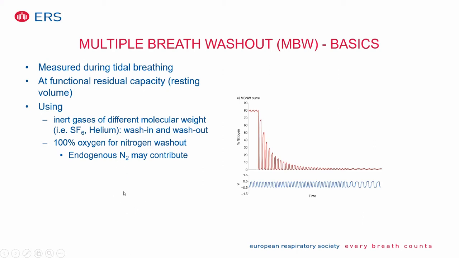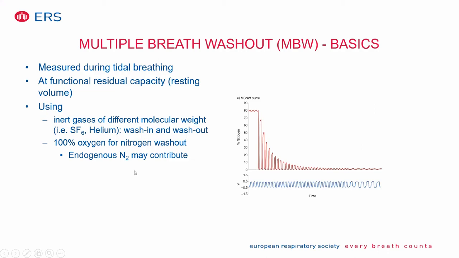And you use either an inert gas of a different molecular weight compared to the room air, and that can be sulfur hexafluoride, SF6, which is very heavy, or helium, which is very light. If you use an inert gas like SF6 or helium, you need to perform a wash-in into the lungs first and then a washout.